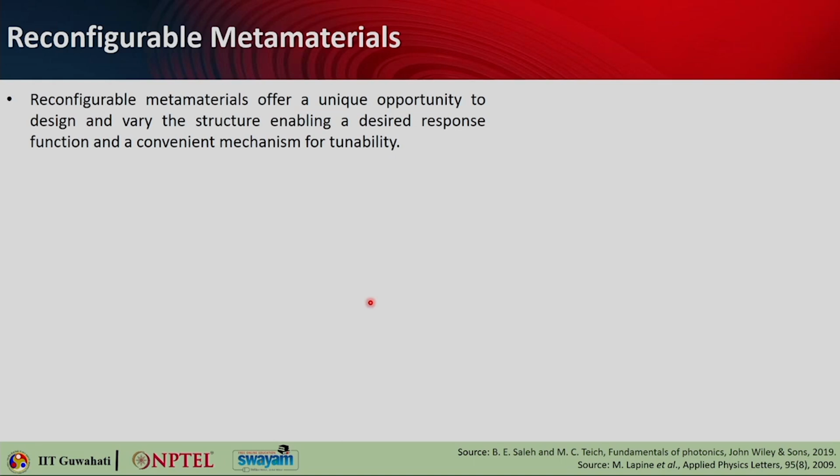Here we understood that reconfigurable metamaterials offer a unique opportunity to design and vary the structure, enabling a desired response function and a convenient mechanism for tunability. That is something very important, a convenient mechanism for tunability.